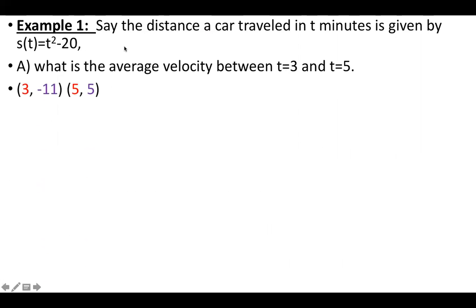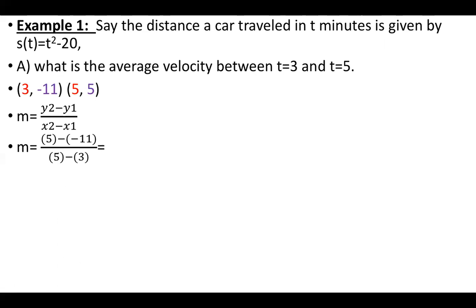So let's do that. If I plugged in 3 into my function, I got 9 minus 20, which is negative 11. If I plugged in 5, I got 25 minus 20, which is 5. Again, let me know if anyone needs help or clarification on how we got these 2 points. But remember, whenever you see average velocity or average of anything, it's usually find the slope between the two. So the next thing we're going to do is the slope formula. Plug in. And be careful, because for this one we did 5 minus negative 11.